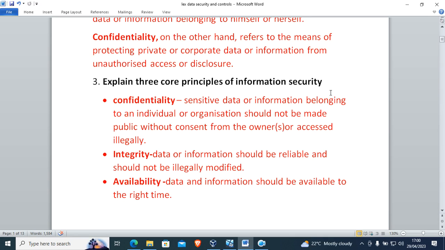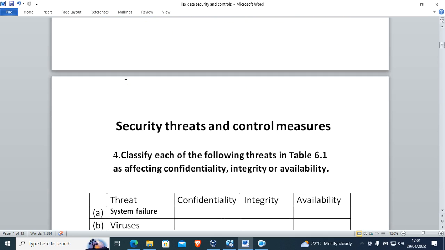Then we have integrity. Integrity means data or information should be reliable and should not be illegally modified. Availability means that data should be available when need be, or rather, data and information should be available at the right time. That's what we mean by availability.